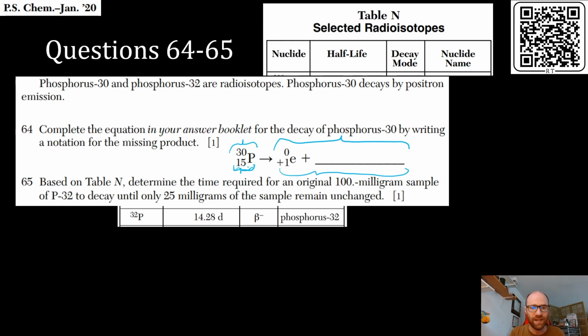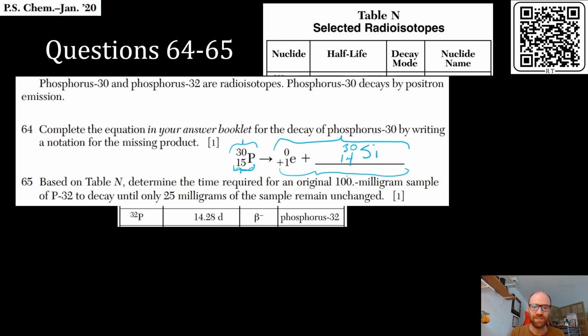So the total here has to be 15, that's a 1, that means this has to be a 14. The total has to be 30, that's a 0, so that has to be a 30. And we look on our periodic table for element number 14, and that should be Si. So through this positron decay, we're going to create silicon-30.